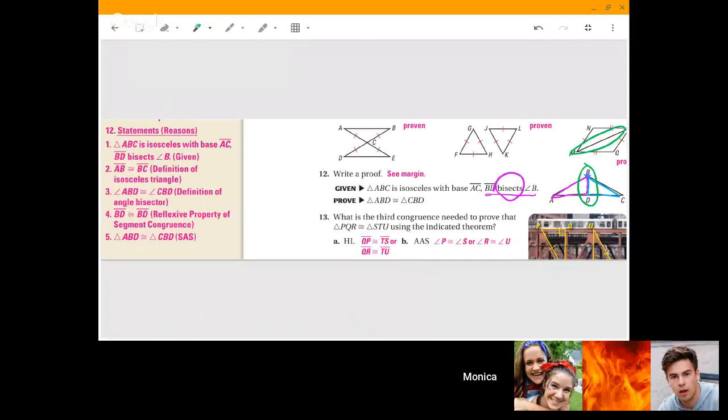Now, when we look at these triangles, we've shown that AB and BC are congruent. We've shown that this angle here and this angle here are congruent. And then we've also shown that this side is congruent with itself. So we've shown a side, an angle, and a side, right?